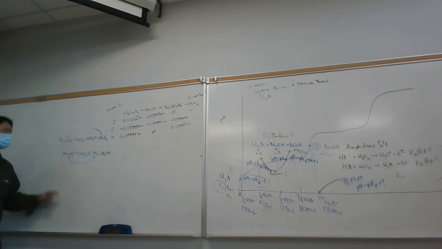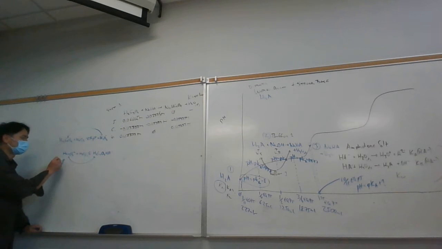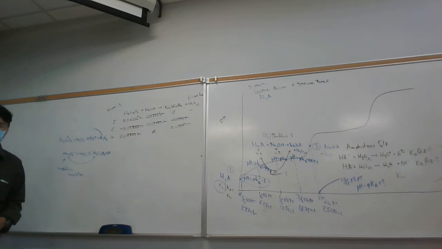Although this one's more complex because this is an amphoteric. And so really, I'm oversimplifying it. There are more steps. And so if I look at it from the perspective of the amphoteric, then I have more steps.